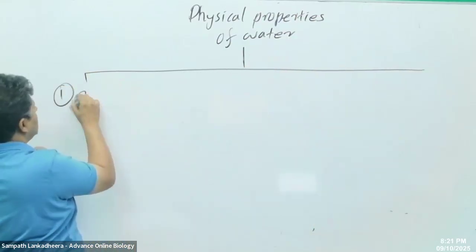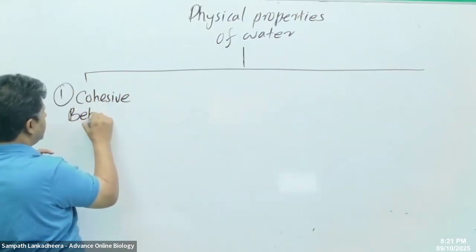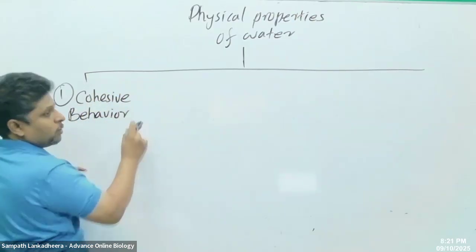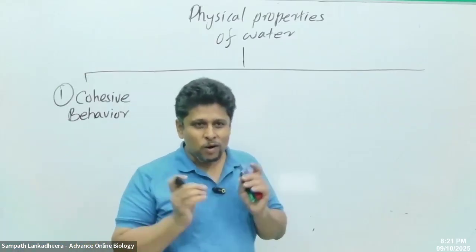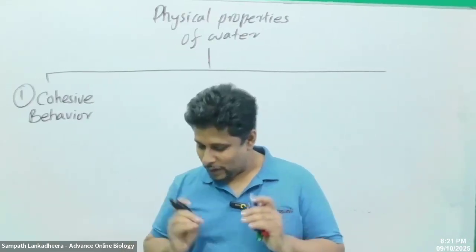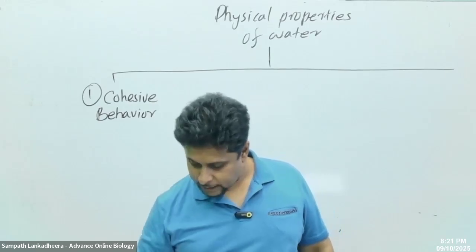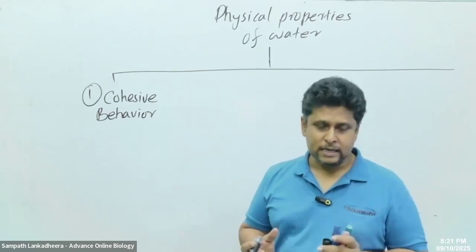Number 1, cohesive behavior. Water molecules attract each other. That is cohesion. Adhesion and cohesion, we talked about it. This cohesive behavior helps in the transport of water inside the plant.